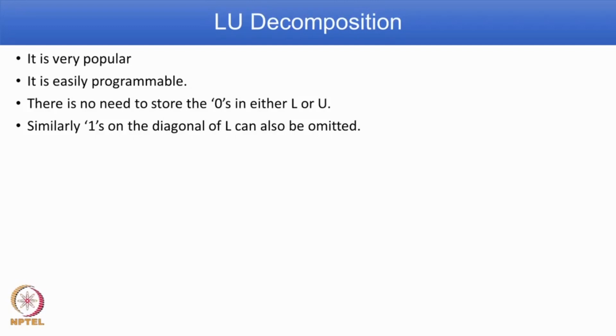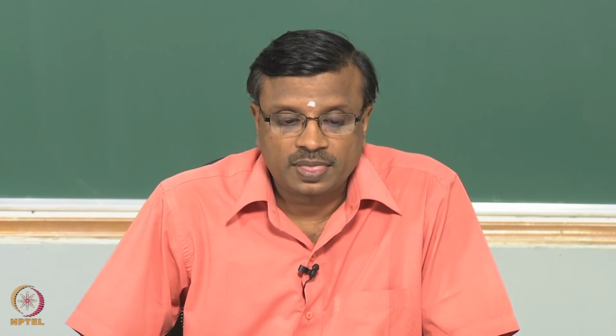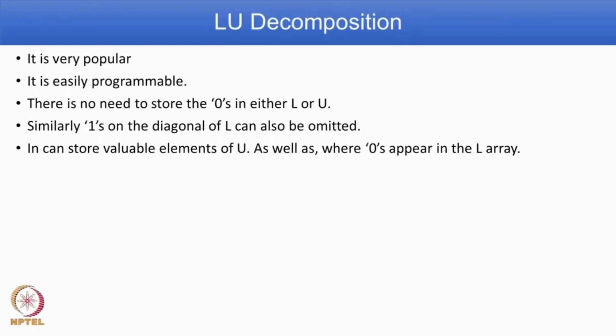Similarly, the L matrix has value 1 along the diagonal because it is fixed for any coefficient matrix and it will not be stored. Instead, it is possible to store coefficient values of the U matrix in the L matrix itself, wherever zeros are appearing in the L matrix.